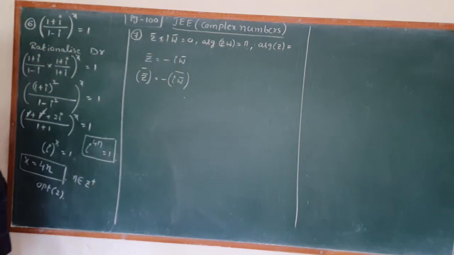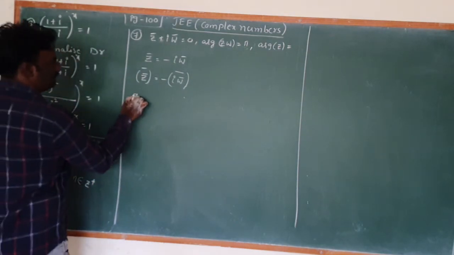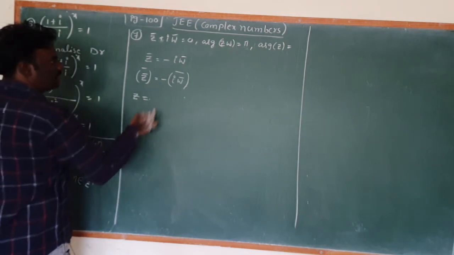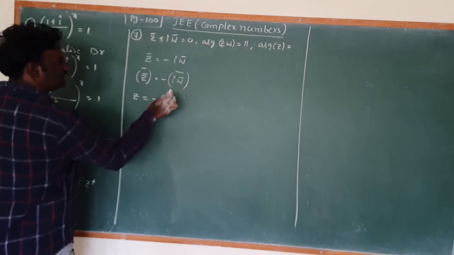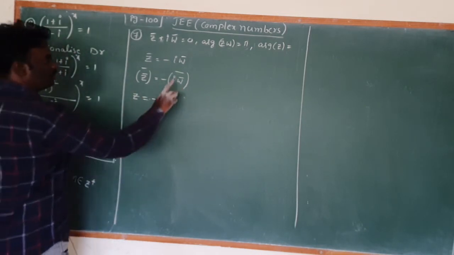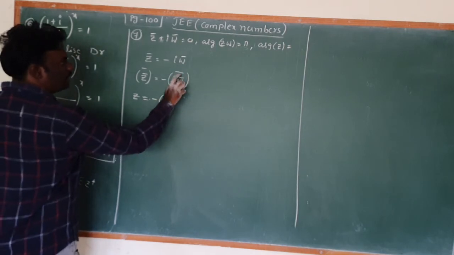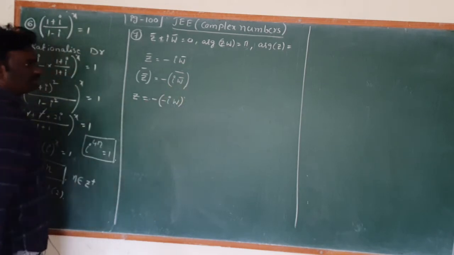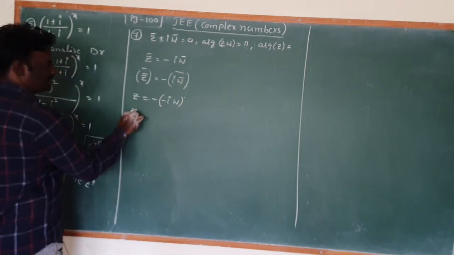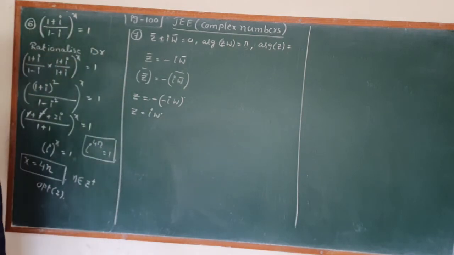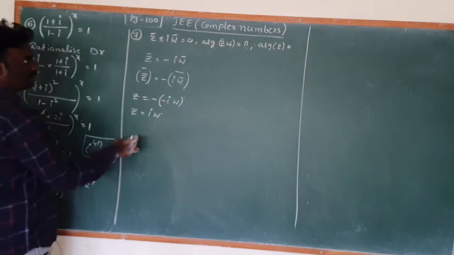Then what I can write? Z bar whole bar is nothing but z. So here plus i is there, we will get minus i. W bar whole bar is nothing but w. Minus of minus plus, then z is equal to i into w we got. From this what we can write?